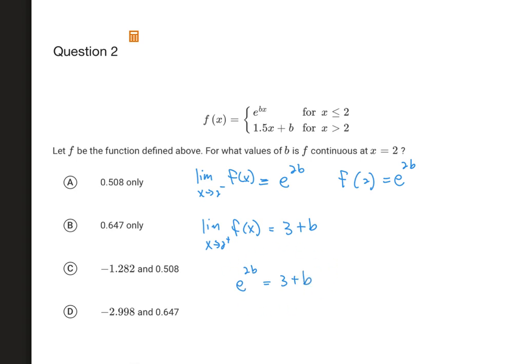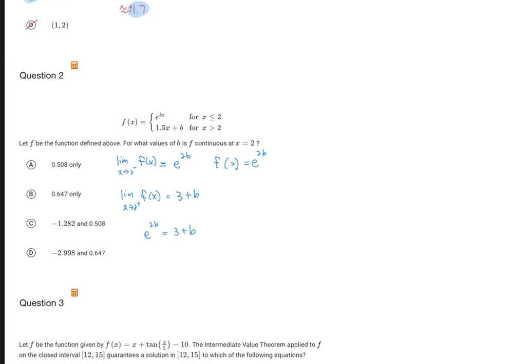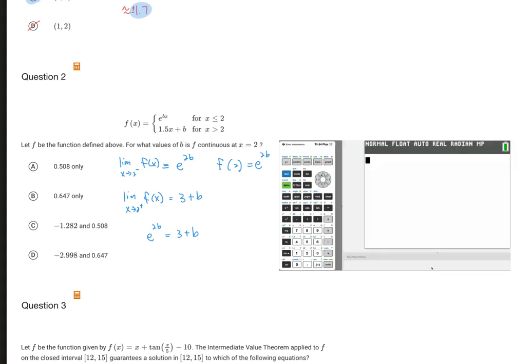Here we'll use the calculator for this one. So let's take a look at the calculator. We want to solve this equation in the calculator. Whenever you want to solve an equation, put one side in y1, put the other side in y2, or any of the y's, and then calculate the intersection.